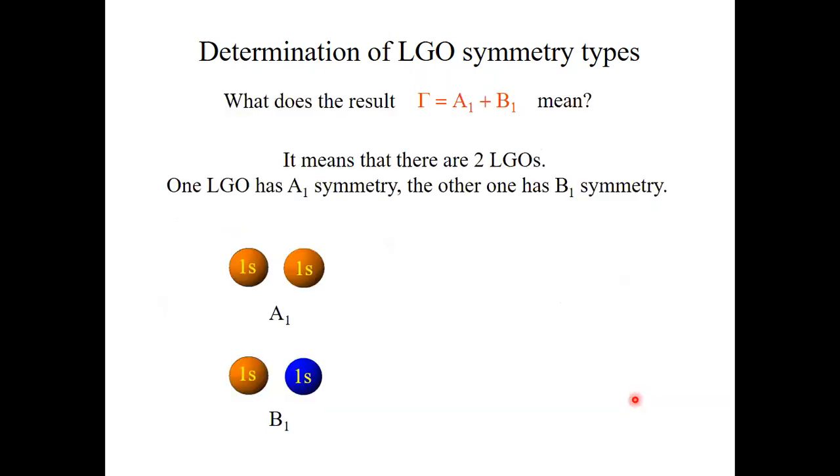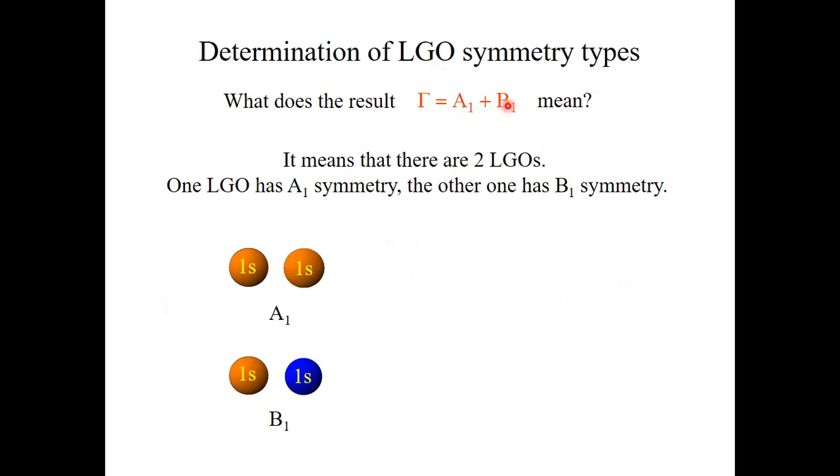All right, so now we can think about an intuitive geometric interpretation of that result. So what does that mean? That the reducible representation is A1 plus B1.